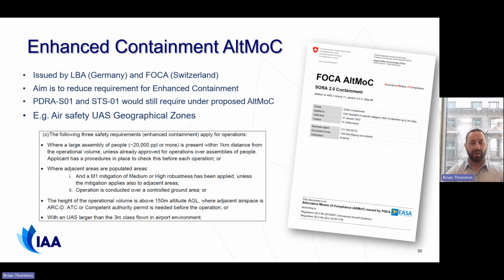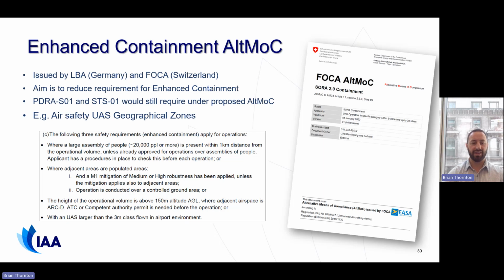Where the adjacent areas are populated areas, an M1 mitigation of medium or high robustness has been applied. Medium robustness for M1 mitigation applies to MOC 2511 if you use a flight termination system. The operation is conducted over a controlled ground area, or the height of the operational volume is above 150 meters.